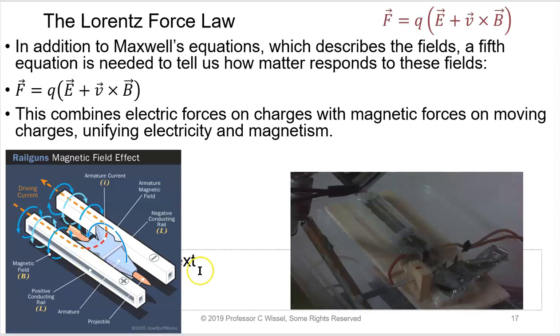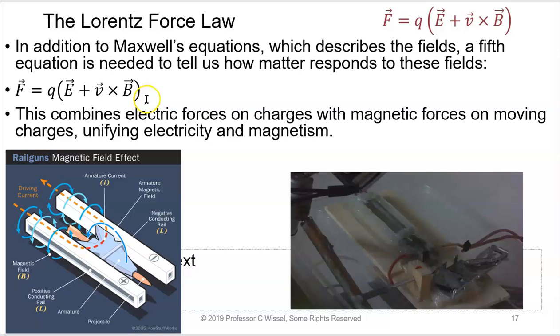Okay, and here's another thing here. Now, this is just basically superposition. If you are Physics 122 students, don't be too worried about this. Just listen to the general idea here. So in addition to Maxwell's equations, which describe the field, a fifth equation is needed to tell us how matter responds to these fields. This is both the magnetic and the electric forces. We've done these separately, but now we're going to put them together.